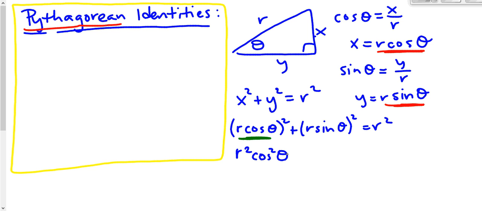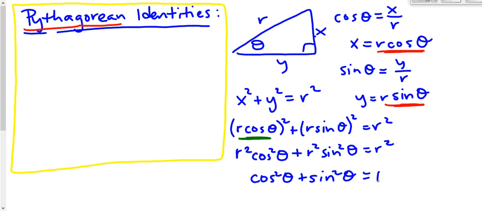And then for the other term, we have r squared sine squared theta. And on the other side of the equation, we have r squared. Look what we can do with this equation. We can divide every term by r squared. And what we have left is cosine squared theta plus sine squared theta equals 1.